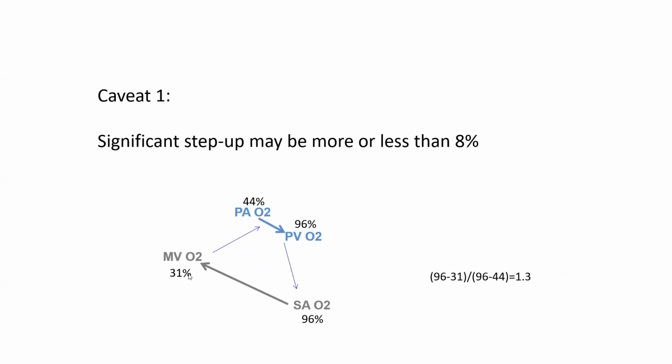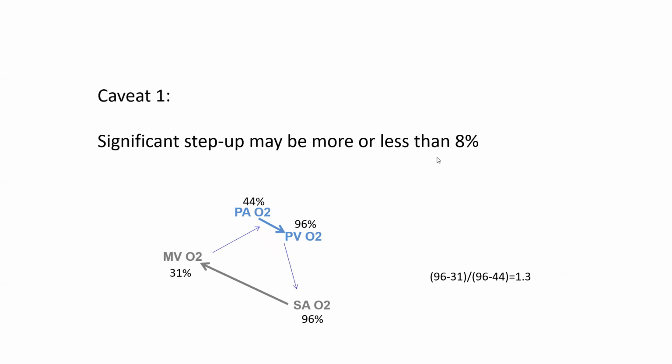Does he have a significant shunt? You have a 13% step up. But if you calculate the QP-QS, it's 96 minus 31 divided by 96 minus 44, and it's about 1.3. It's not a significant shunt. Maybe he has a shunt, but it's not a significant shunt.